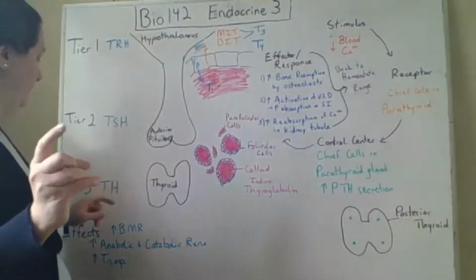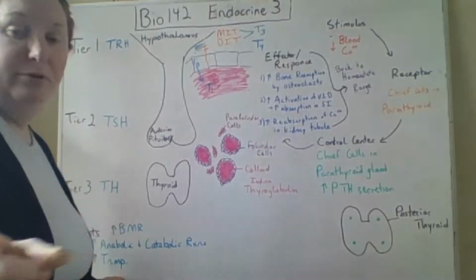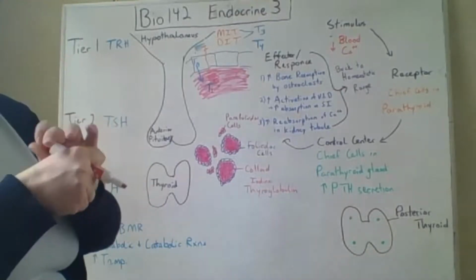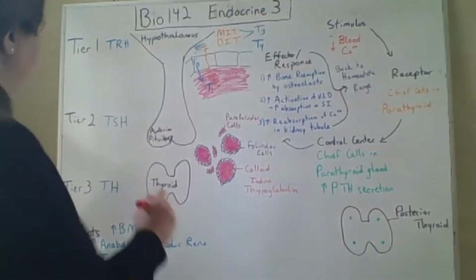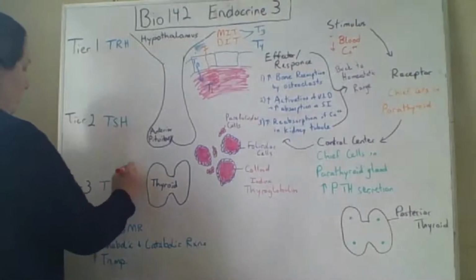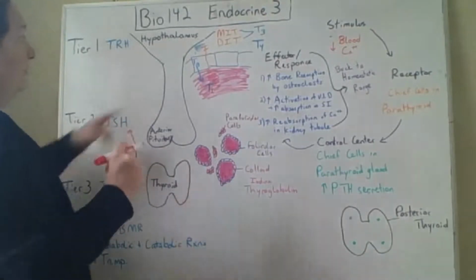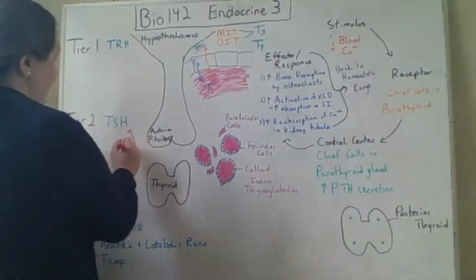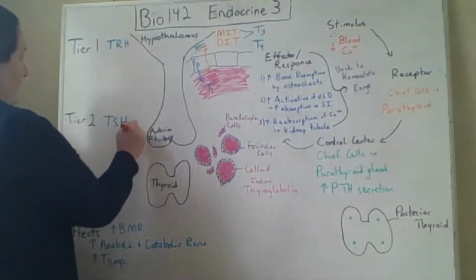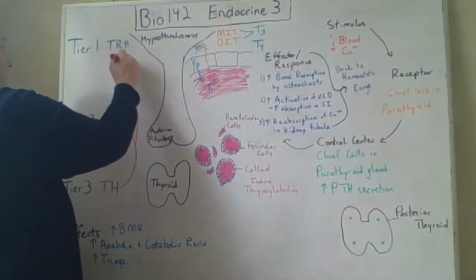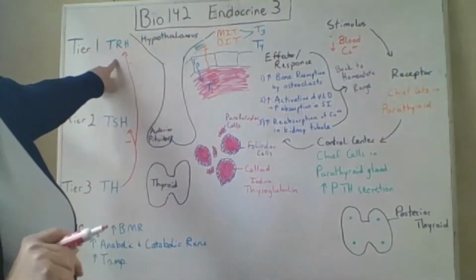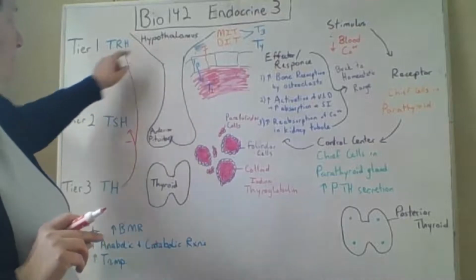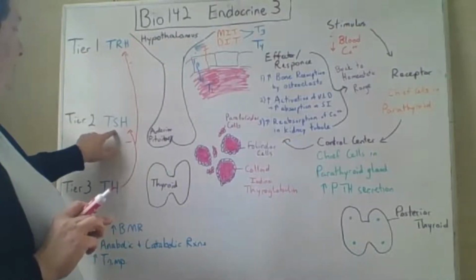So why is this? Because normally, remember we talked a little bit about the feedback loop? Normally, if there was iodine, you would have thyroid hormone produced. And thyroid hormone would give negative feedback to both thyroid releasing hormone from the hypothalamus and thyroid stimulating hormone.